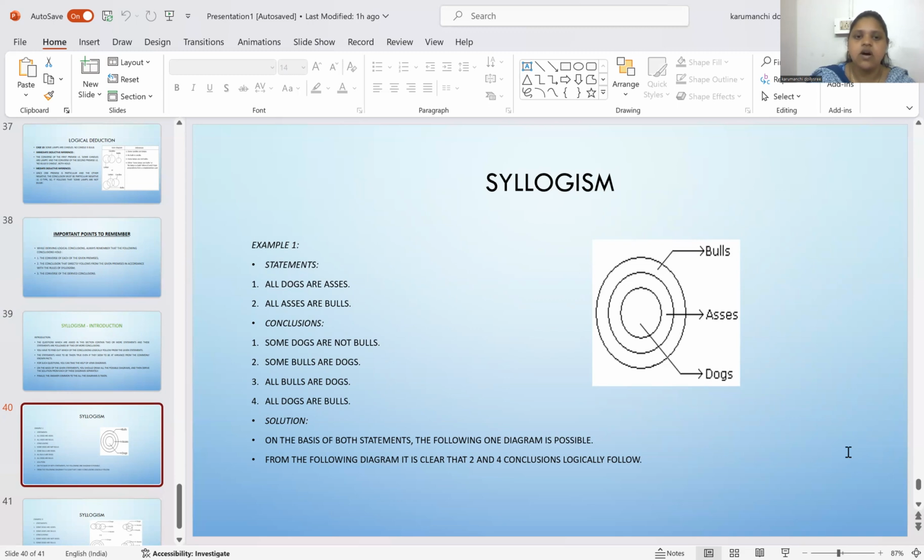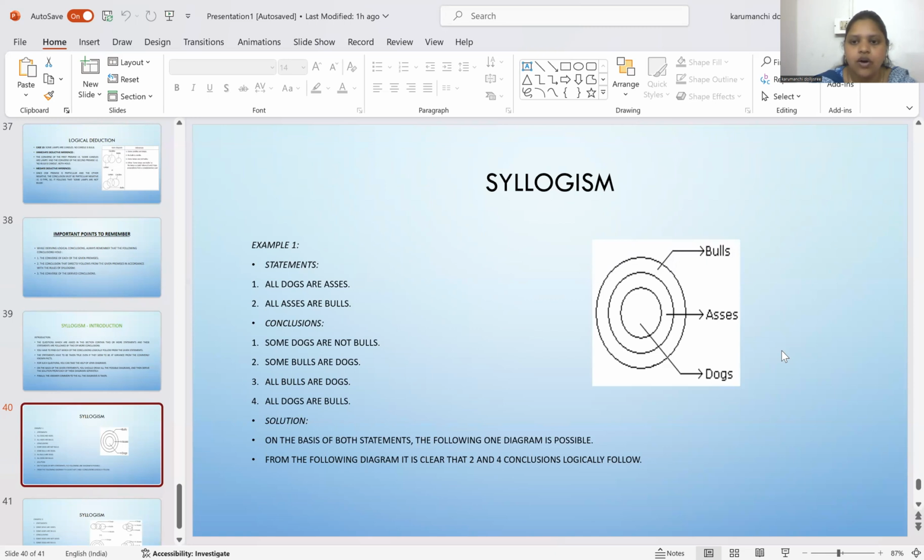On the basis of both statements, we have drawn the Venn diagram here. It is like all dogs are asses and all asses are bulls. This is the Venn diagram that we have taken from the statements.